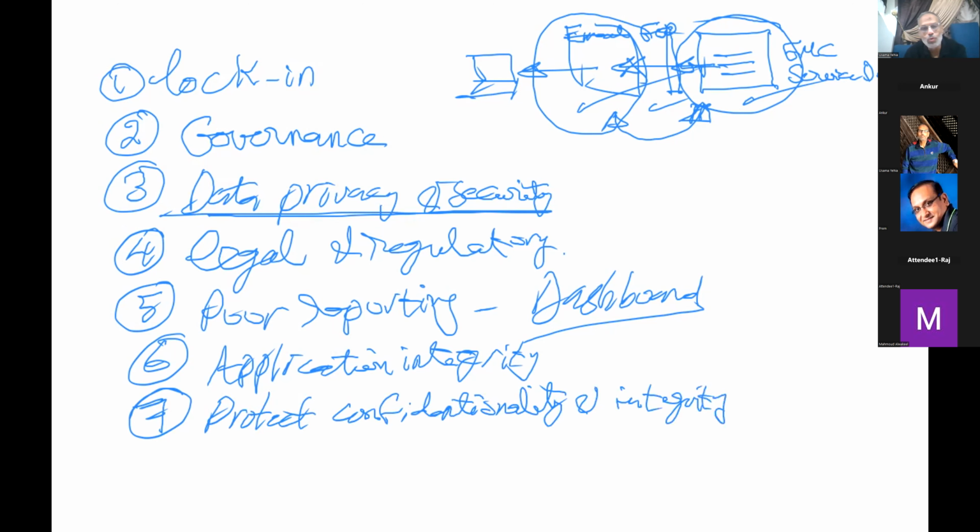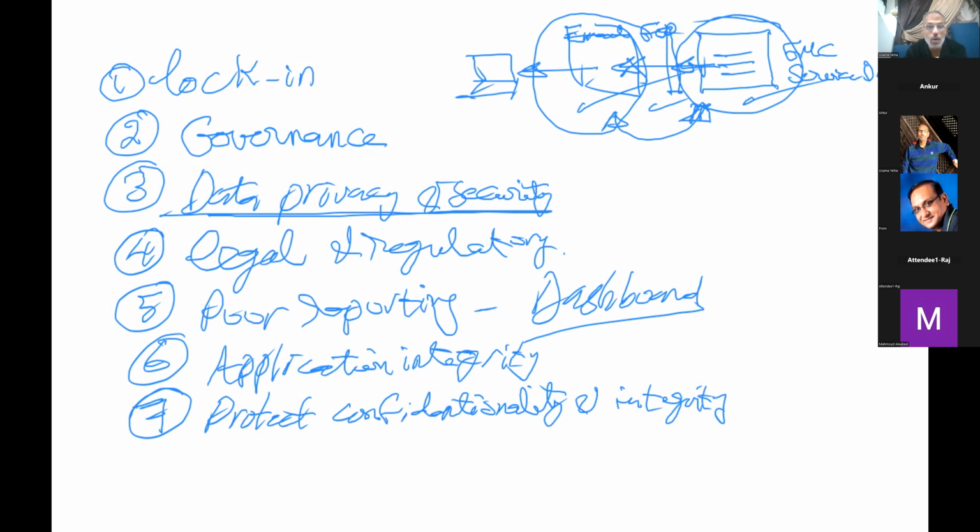If you are not able to protect confidentiality, if there will be some data breaches, if there will be unauthorized access by other tenants or whatever, then this means that you will be in a problem, because your data will be breached or it can be changed. These are some of the risks which you can see in the cloud service provider.